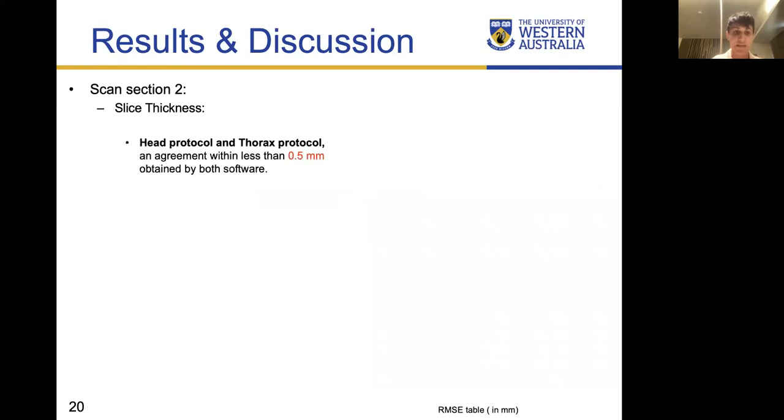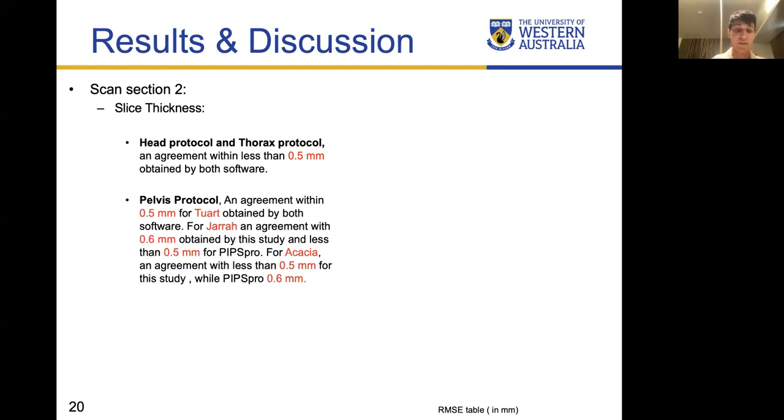For slice thickness, for head and thorax protocol, an agreement with less than 0.5 millimeter was obtained by both software. For pelvis protocol, an agreement within 0.5 millimeter for thorax was obtained by both software. However, for Jara, an agreement within 0.6 millimeter was obtained by this study and less than 0.5 millimeter for PIPSPro.